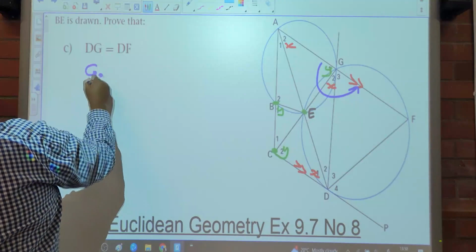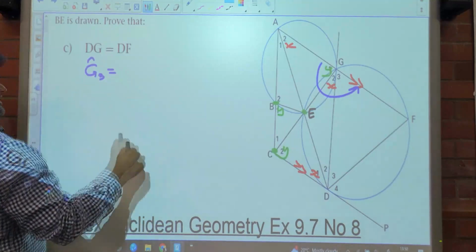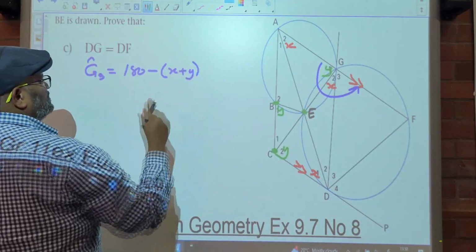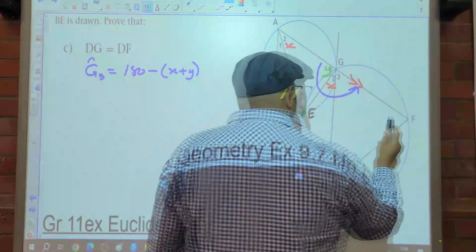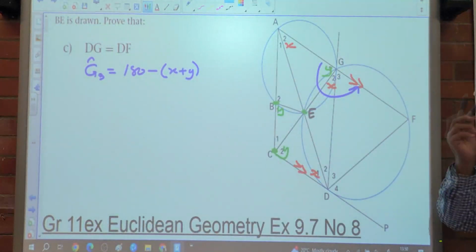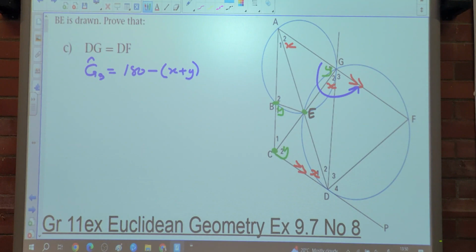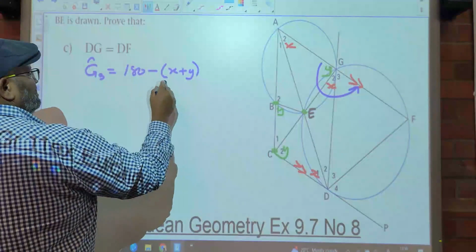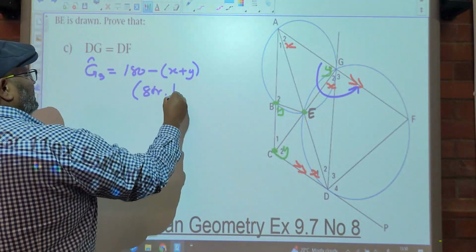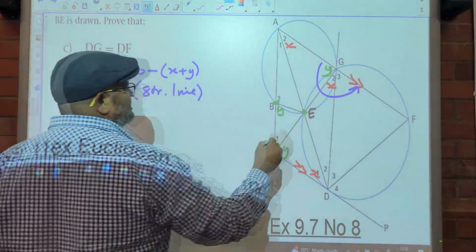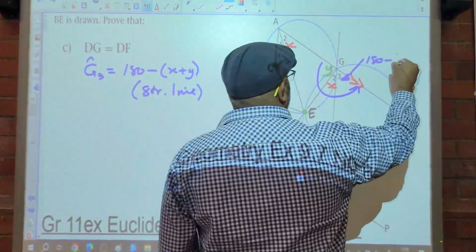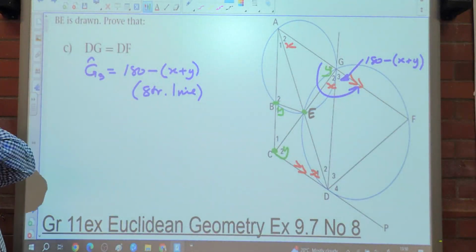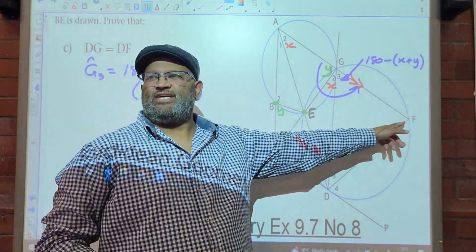So instead of introducing another variable, I'd rather say that G3 is going to be 180 minus X plus Y. So if we can prove that F is also 180 minus X plus Y, I've done the job. You see that? It's angles on the straight line. That is 180 minus X plus Y, or you could have written it as 180 minus X minus Y.